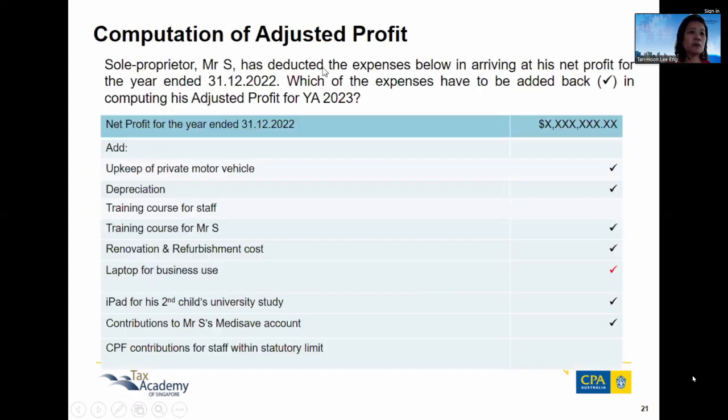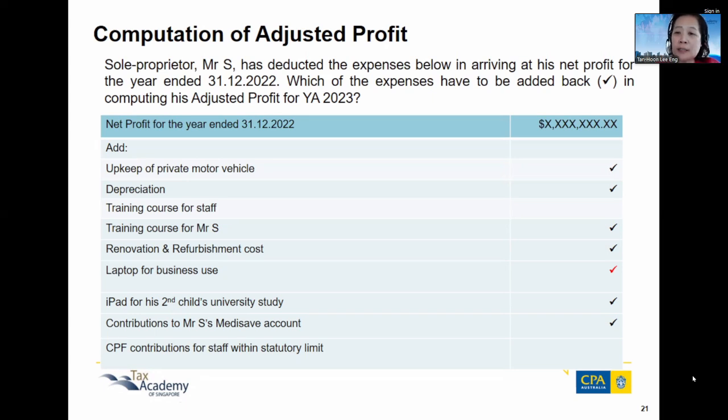Okay, next we go on to the expenses. Proprietor Mr. S has deducted the expenses below in arriving at his net profit for the year ended 31st December 2022.